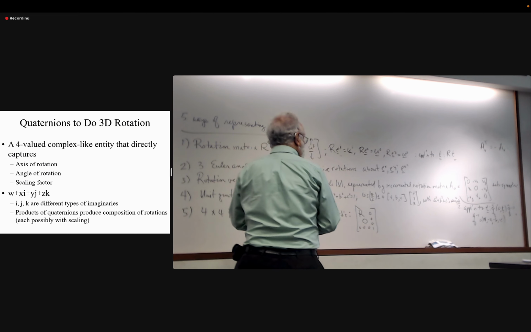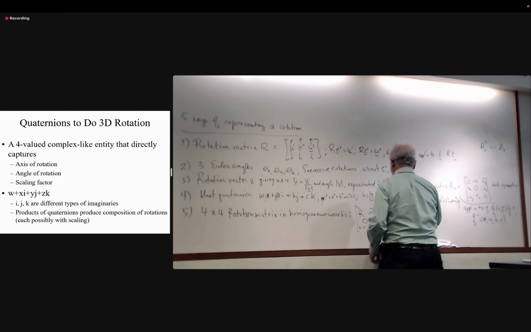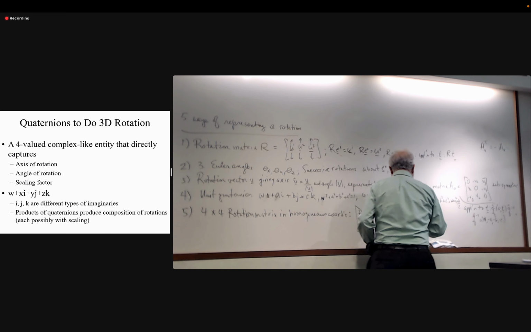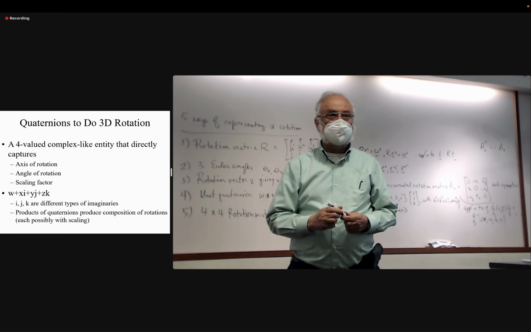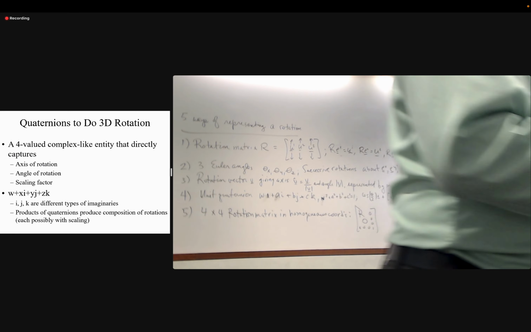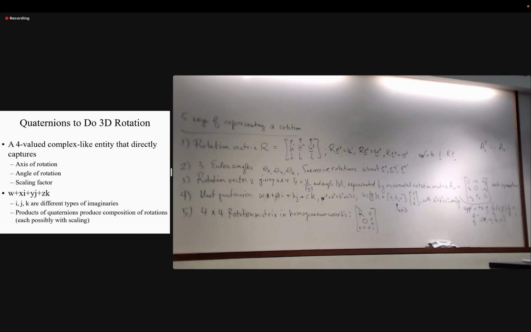The axis is ABC. But if you use minus ABC, then you need minus sine theta. That is to say, the rotation by theta around the axis, the inverse, if you rotate by theta around the axis, the inverse should be rotation of minus theta about that same axis.